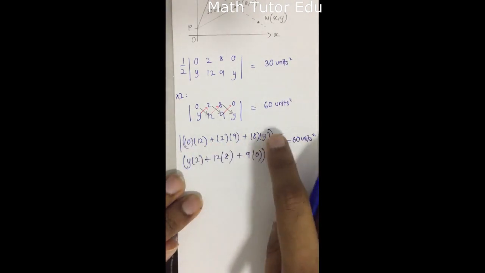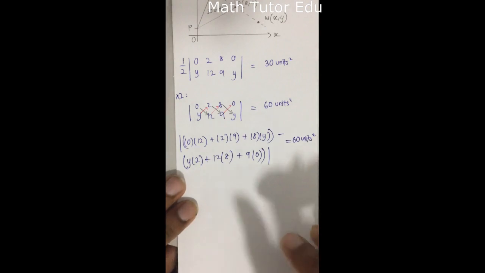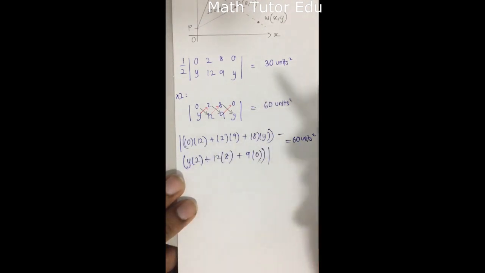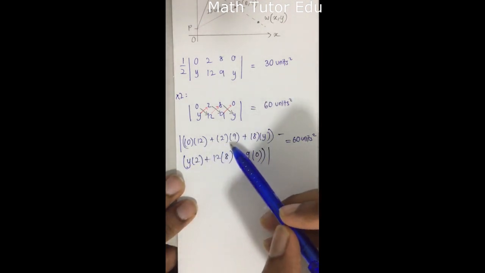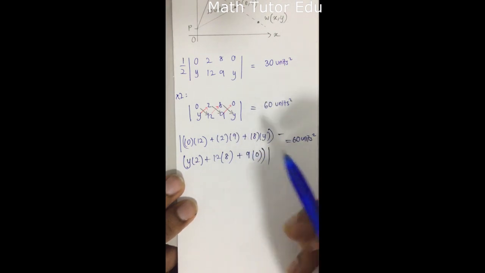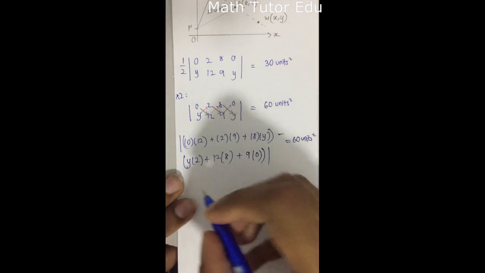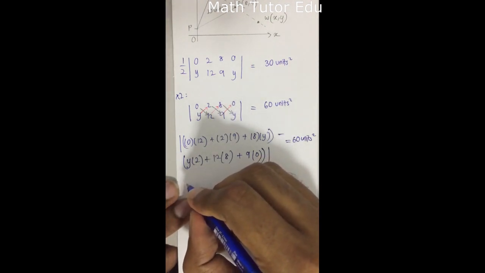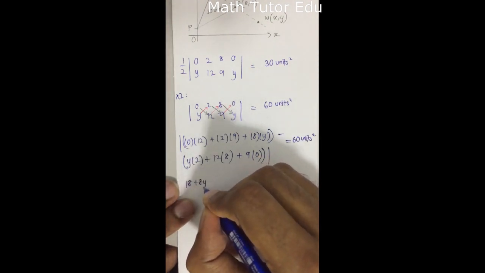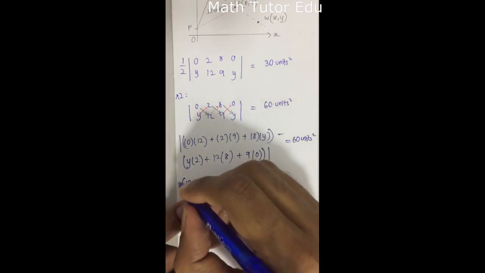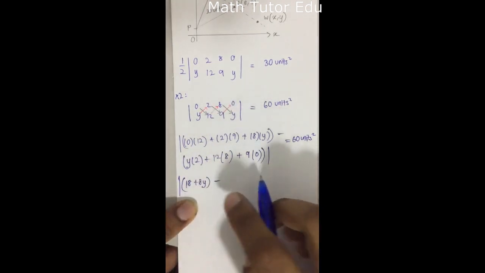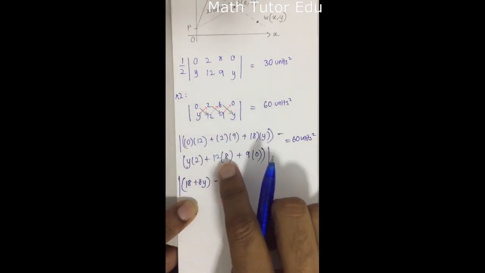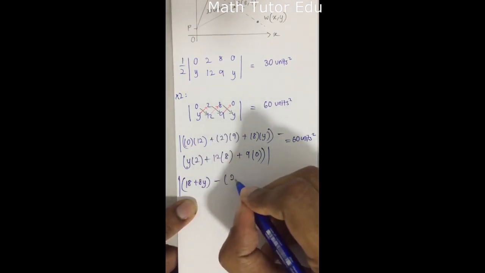Okay, we solve this part first. Okay, 0 times with 12 you get is 0, 2 times with 9 you get is 18, and then plus with 8y. Okay, so from here 18 plus with 8y minus with 2y plus with 96.